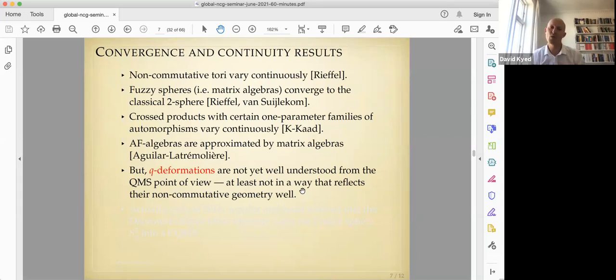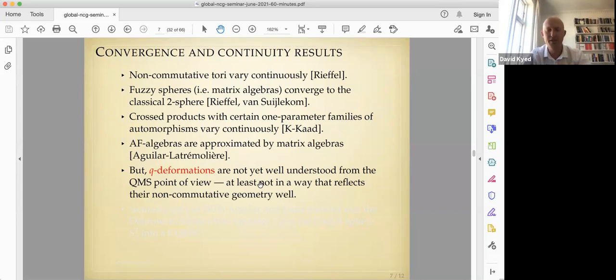What I really want is a quantum metric structure built out of a certain non-commutative geometry. So I want, in essence, a non-commutative version of a Riemannian metric.